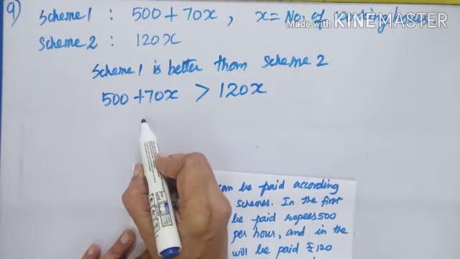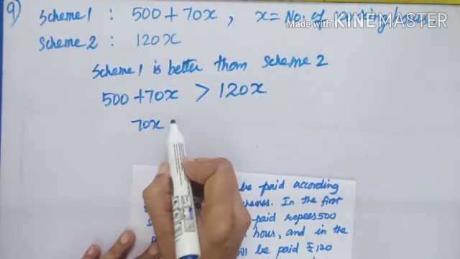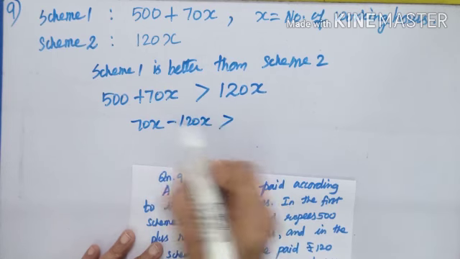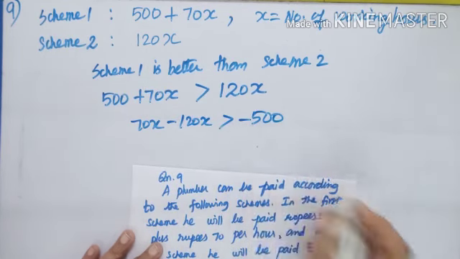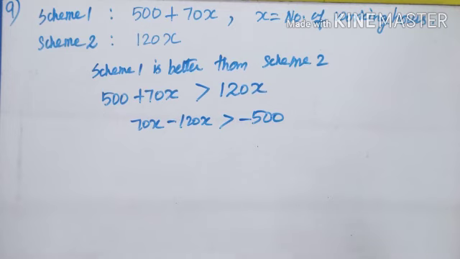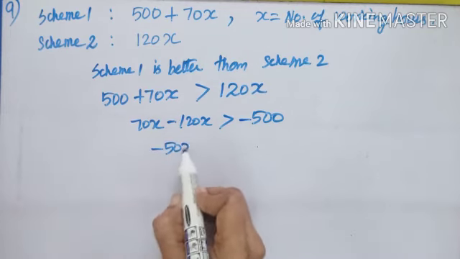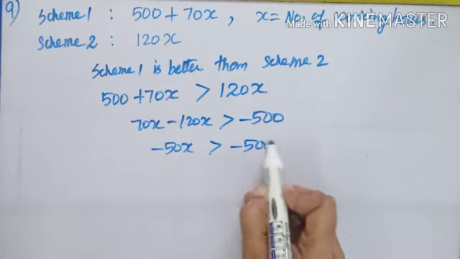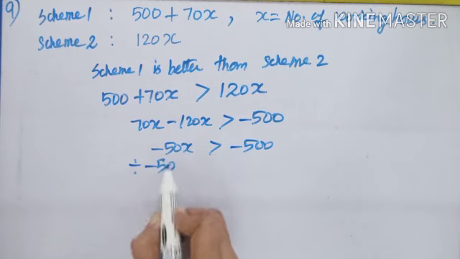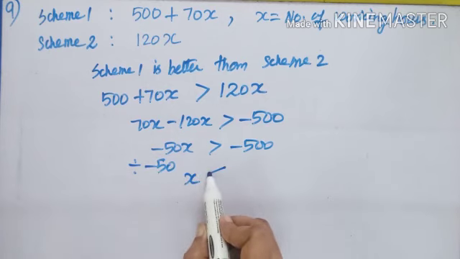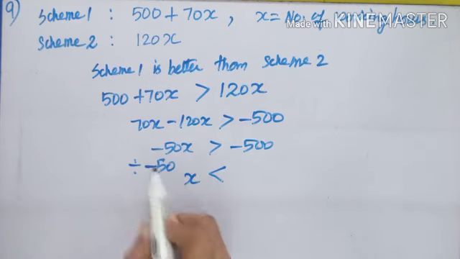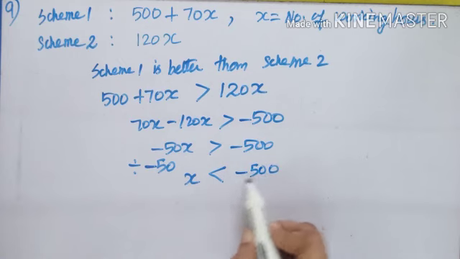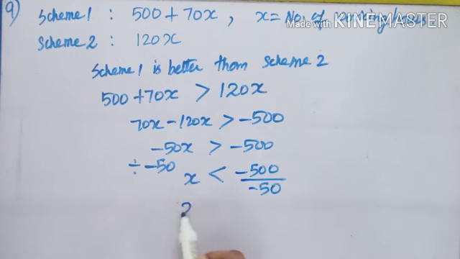Simplifying, 70x minus 120x greater than minus 500. 70x minus 120x is minus 50x greater than minus 500. Dividing by minus 50, the inequality reverses because it is negative. Minus 500 by minus 50, so I get x below 10.